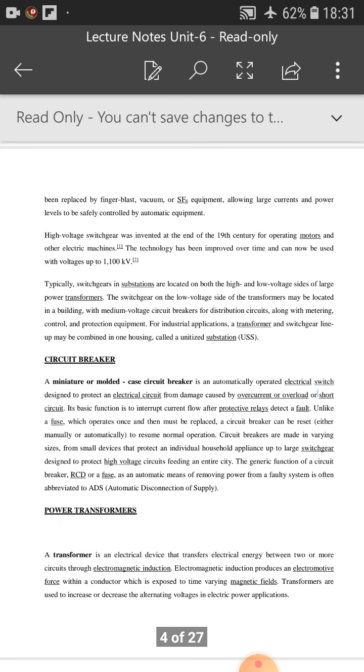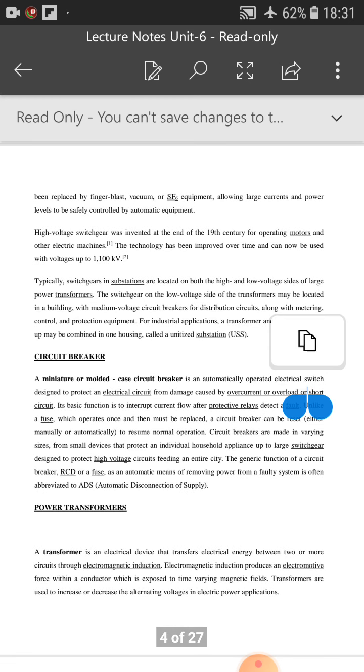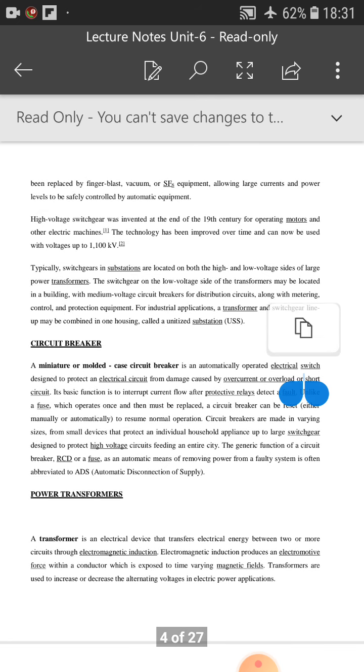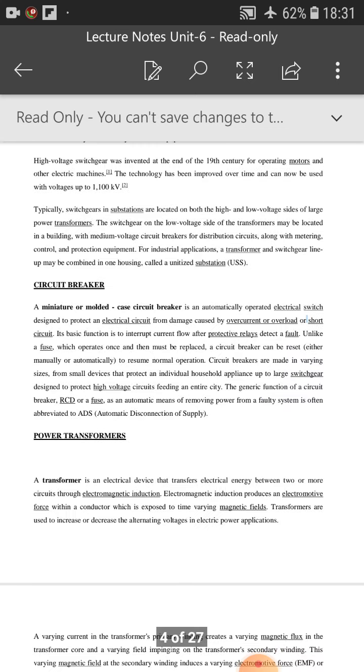Circuit breaker. A miniature or molded case circuit breaker is an automatically operated electrical switch designed to protect an electrical circuit from damage caused by overcurrent or short circuit.